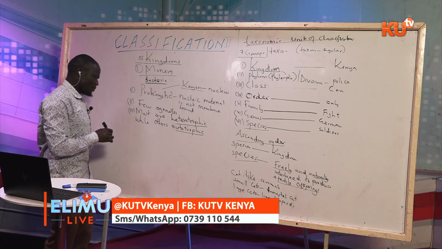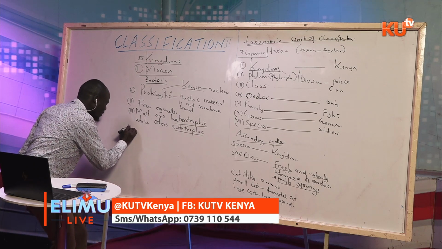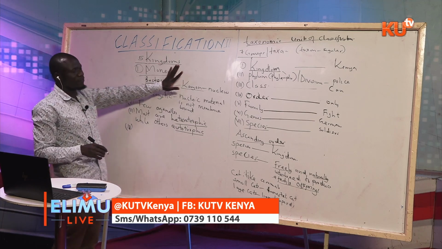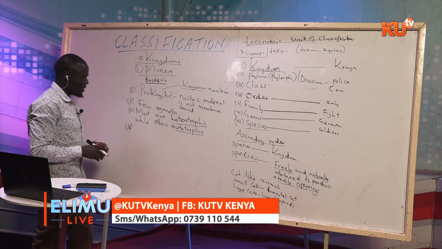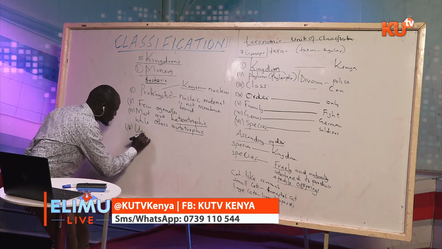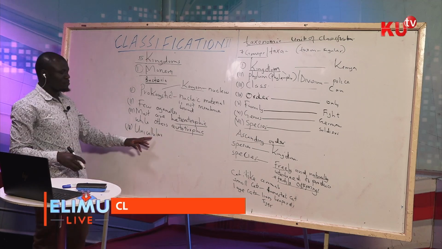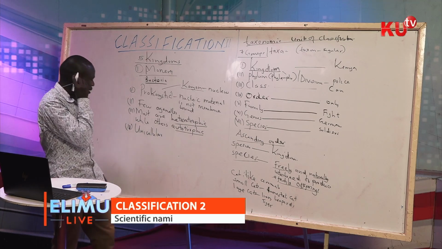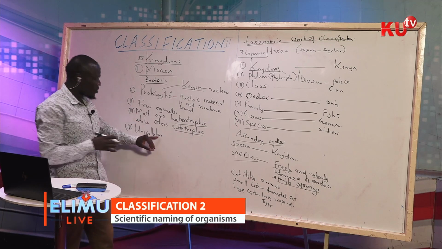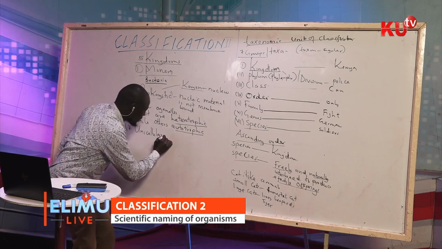Then again, another feature in this category of organism, the kingdom Monera, is that they are unicellular. What does it mean when an organism is referred to as unicellular? It simply means that organisms which are unicellular are made up of one cell.